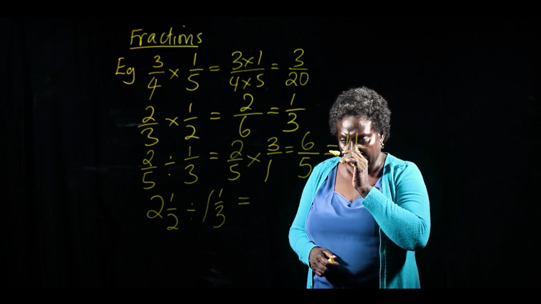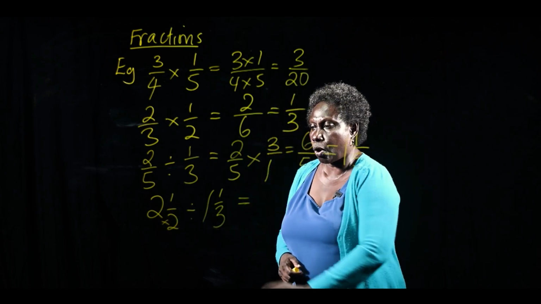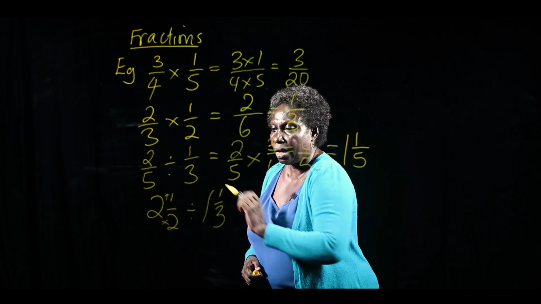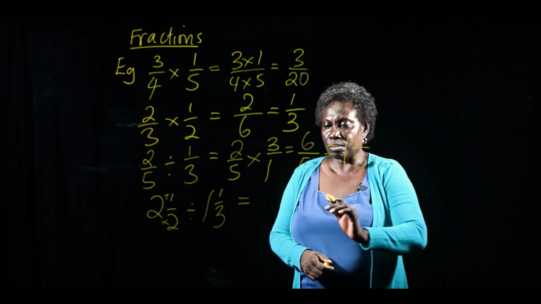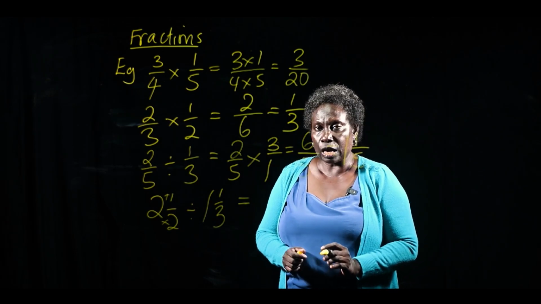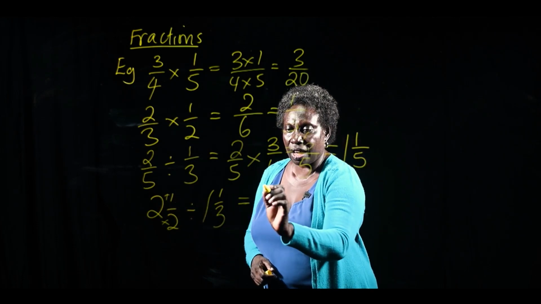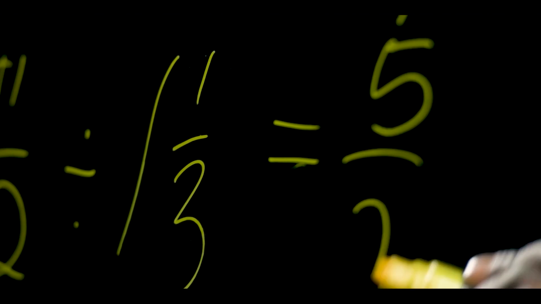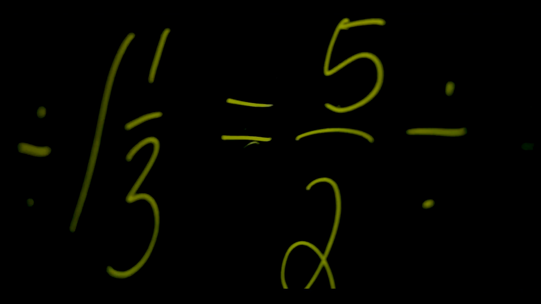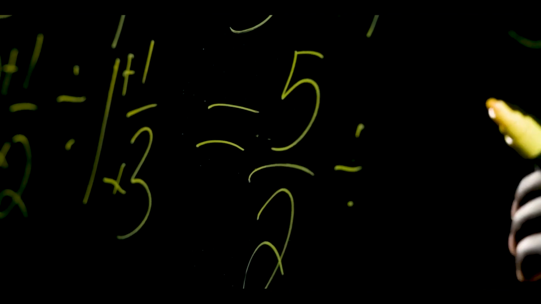How do we do that? We multiply the denominator by the whole number and we add the numerator. That becomes our numerator and we put that over the denominator of that fraction. 2 times 2 is 4 plus 1 is 5. So we have 5 over 2 divided by 3 times 1, 3 plus 1 is 4.